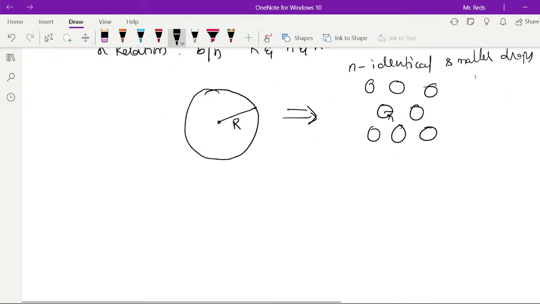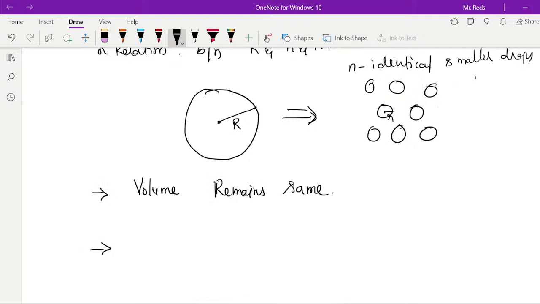Then what you have to remember is, the volume of all these n drops is equal to the volume of the big drop. Volume remains the same.